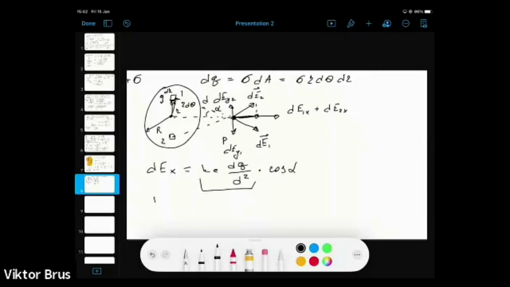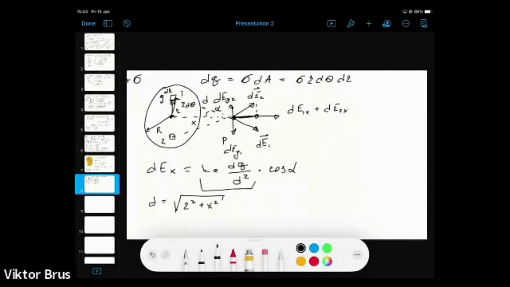The distance d can be calculated as follows: here we have the x coordinate from the center of the disk to point P, so this is the distance along axis x. This distance d will be the square root of r squared plus x squared.